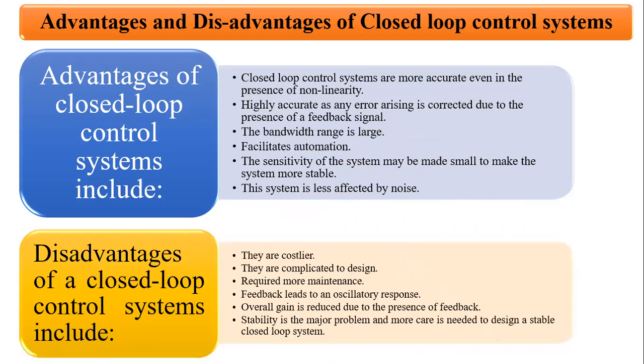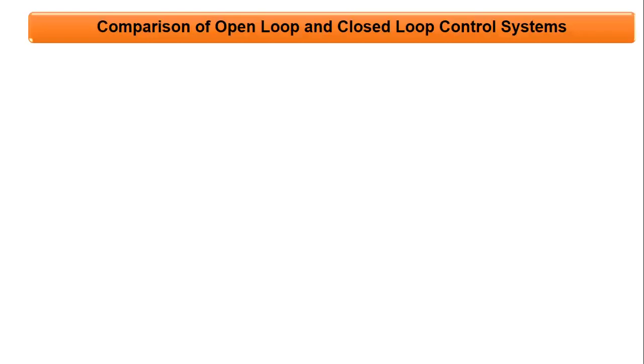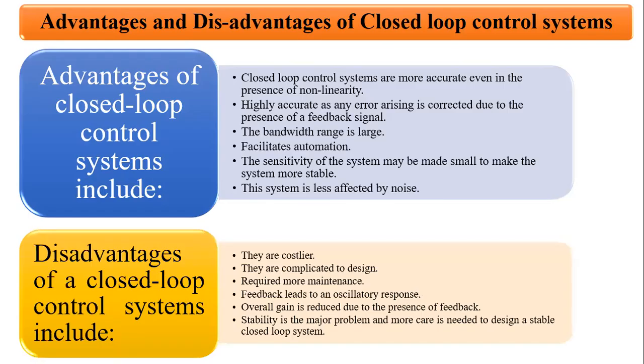The disadvantages are that we have some additional components like the feedback mechanism, feedback elements, comparator, and error detector. So we can say that closed loop control systems are not cost effective. They have a complex design because of the presence of the feedback path and comparator or error detector, and because of this they need more maintenance, right?